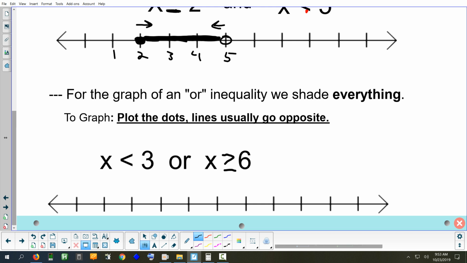How come that doesn't make sense? Yeah, there's no overlap. You can't do that. If I said, think of a number in your head that's smaller than 3 and bigger than 6. Can't. If you pick a number smaller than 3, it's not going to be bigger than 6. So and wouldn't make sense here, but or does.